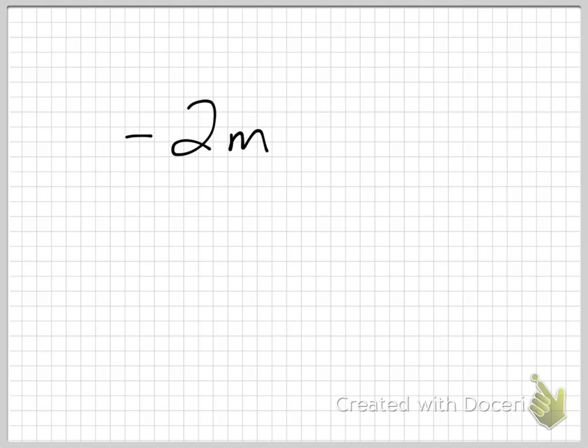Nope. Negative 2m. What does negative 2m mean? Not negative 2m times m, no. It means negative 2 times m. Remember, they're touching. This is the number negative 2, and it's next to m, so it's negative 2 times m. Right? Okay.